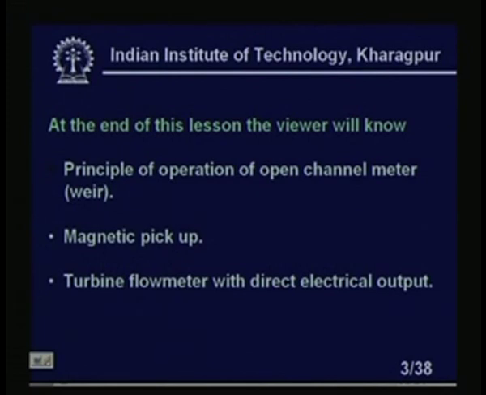If I use some magnetic pickup, that is also a part of the turbine flow meter. That is the reason we will discuss the magnetic pickup also, and the turbine flow meter with direct electrical output. So, the viewer will know the details of these three components.